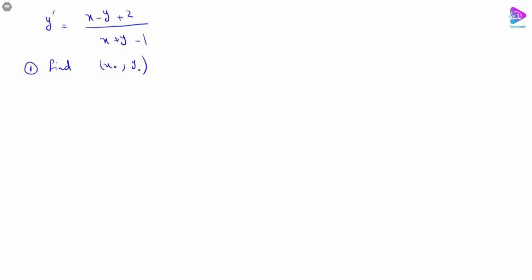When does that happen? When both lines are equal to 0. So basically x minus y plus 2 is equal to 0 and x plus y minus 1 is equal to 0. Simply, x is equal to y minus 2 and x is equal to 1 minus y.